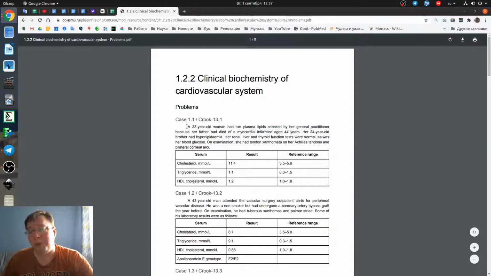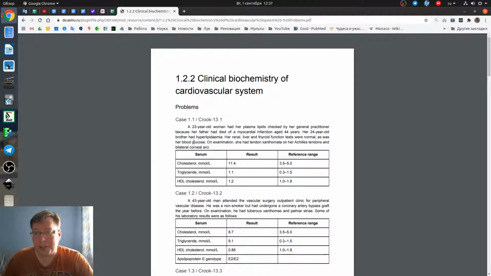I will try to explain different clinical cases which should be related with laboratory tests. So we have to understand what happened with this appropriate patient, what happened with his results of laboratory tests, how this disease was developed.